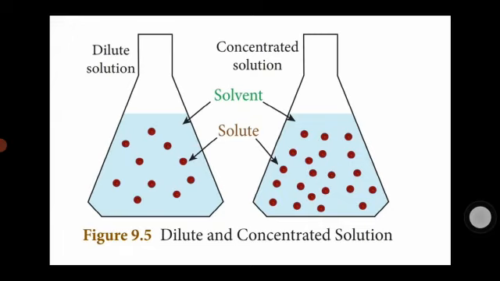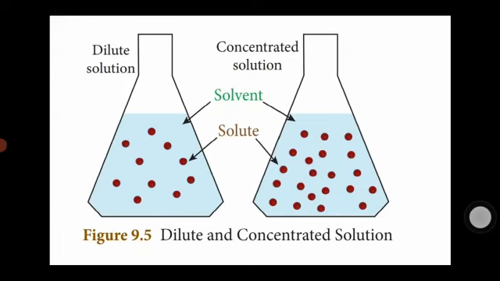The brown color particles indicate solid. Compared to the first beaker, the second beaker contains more solid particles. So more solid particles present means the solution is called concentrated solution. Lesser solid particles present means the solution is called dilute solution.